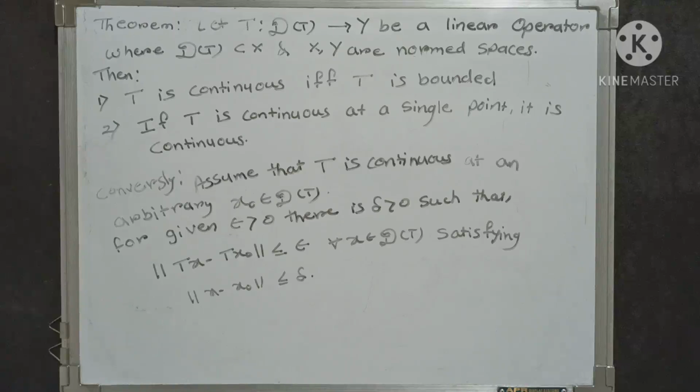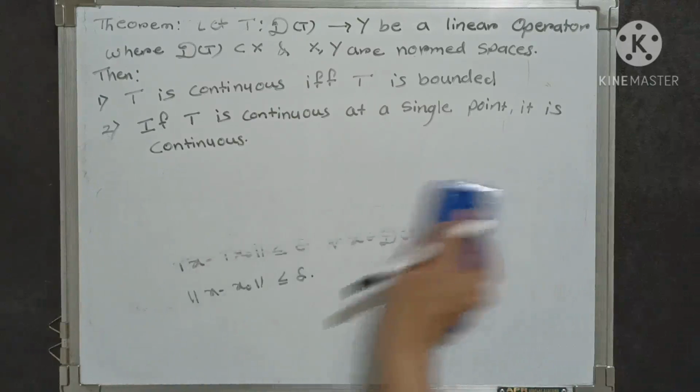This is the condition for continuity. As T is continuous on D(T), therefore it is continuous at each point, and for the arbitrary point x naught belongs to D(T), we are applying the epsilon-delta definition of continuity. Now here we take any value y which is non-zero.